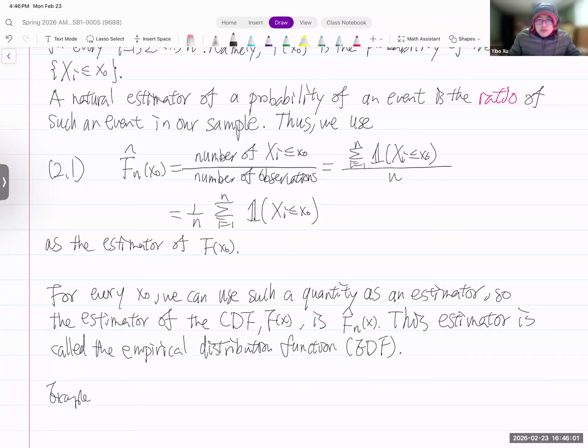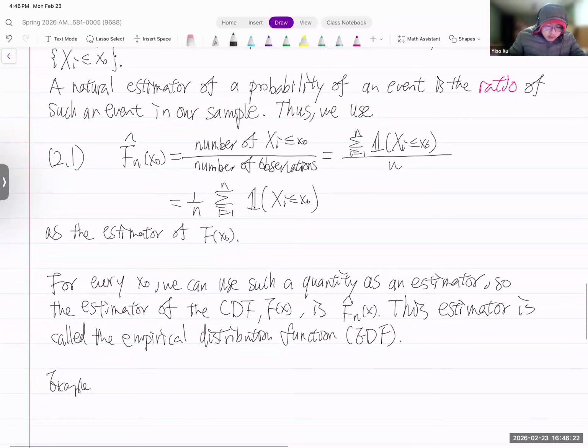If your x0 is larger than every sample, then that's a proportion of one. If none, then it's a proportion of 0 over n. The denominator is always n, the numerator is always an integer, so at most there are going to be n plus 1 steps. The smaller the n, the simpler the function is.